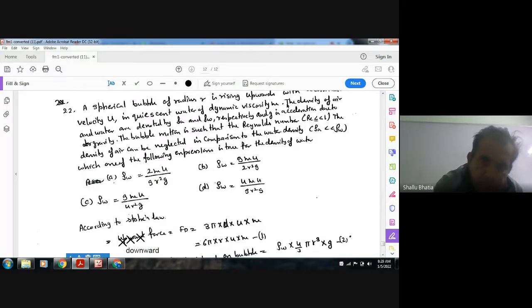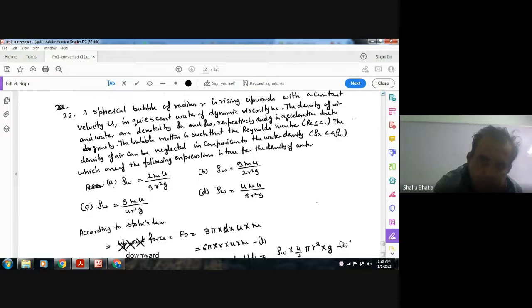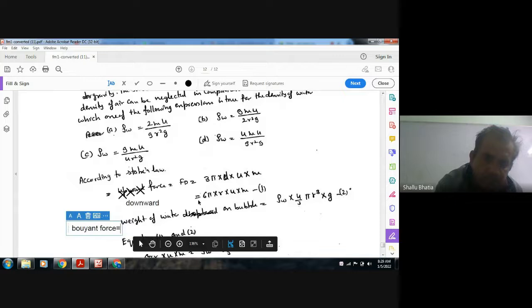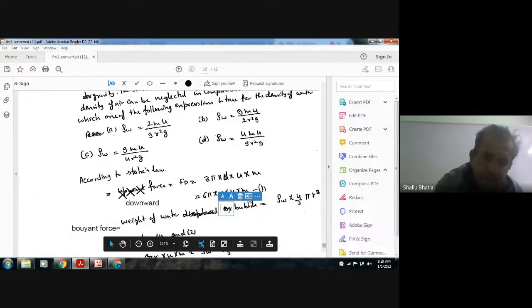So equating these two, this is the drag force acting on the bubble, and this is the buoyant force, the weight of water displaced by the bubble.